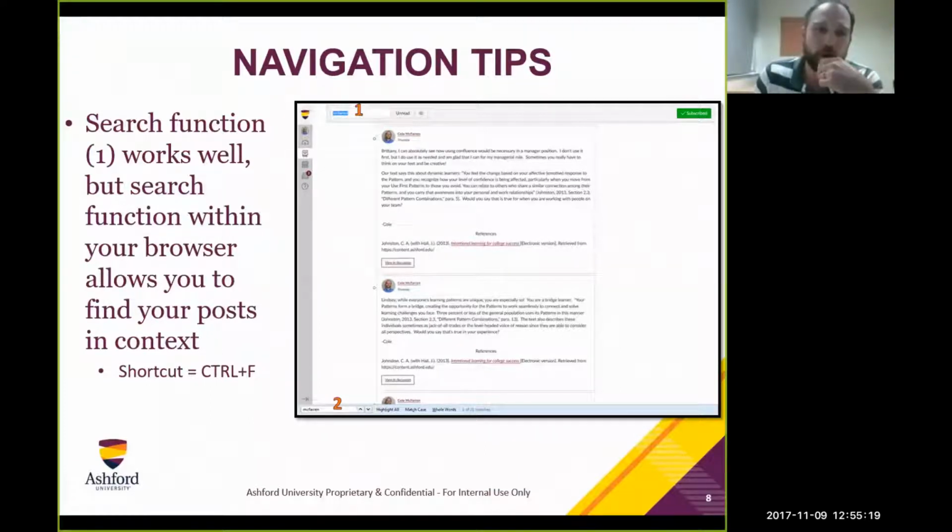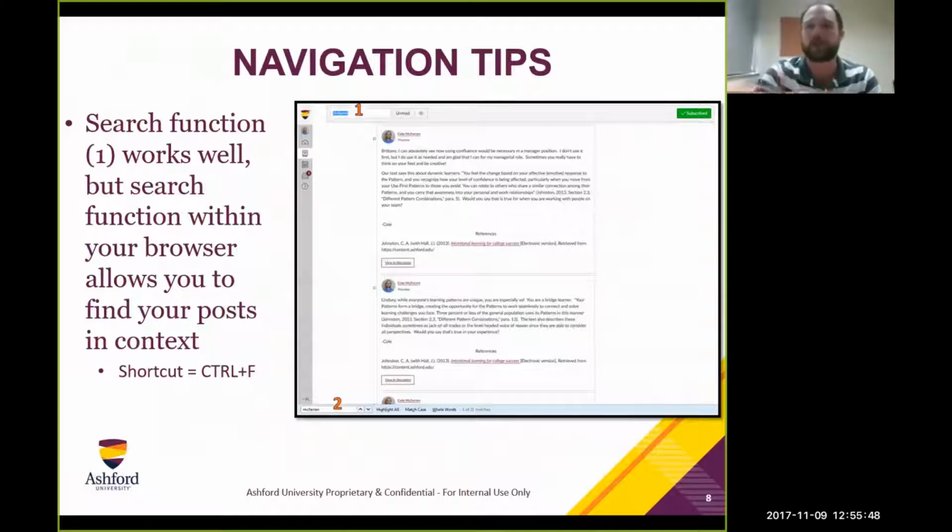So one thing you might want to check: what it does is show you just your posts, but not in the context of the conversation at all. So if you use the search function within your browser, another one of those browser tools that really helps us out, I like to use the shortcut Control F. You can type your name in, and it'll bring all of your posts up and you can search from one to the next, but it'll leave it in the context of that conversation.